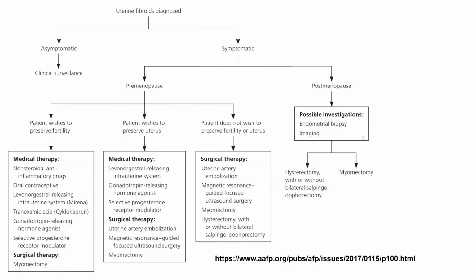There could be other underlying pathology, and then hysterectomy with or without salpingo-oophorectomy, or simply myomectomy. Myomectomy is where only the mass is removed but the uterus is saved. These are the two options.